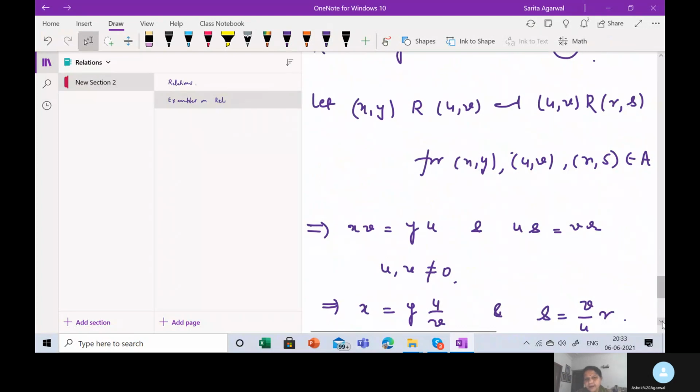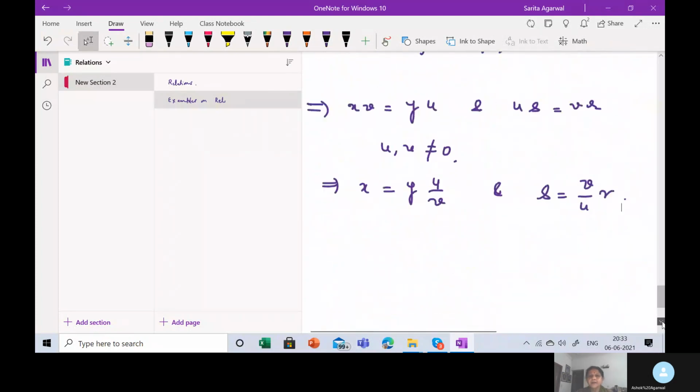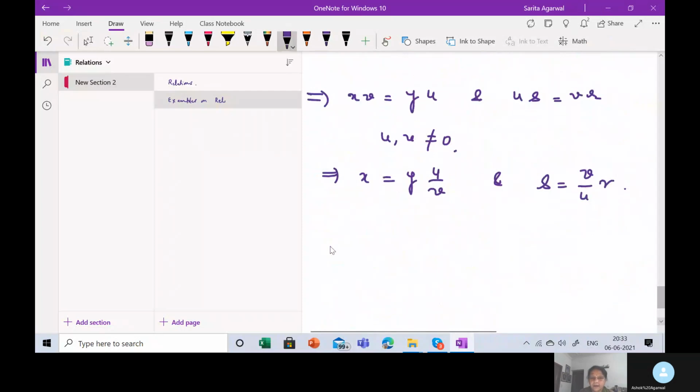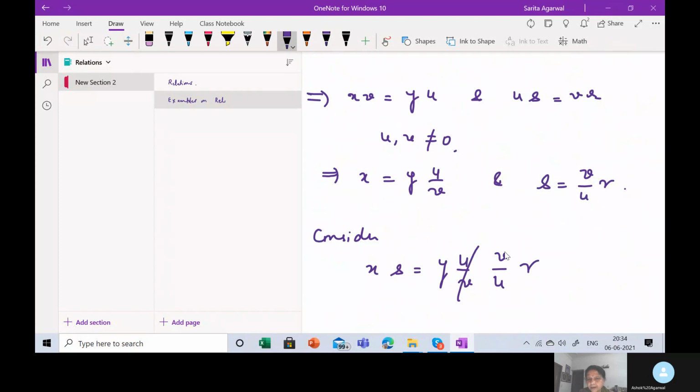Now consider xs. Substituting x as yu by v, and s as vr by u, that means xs equals yr.